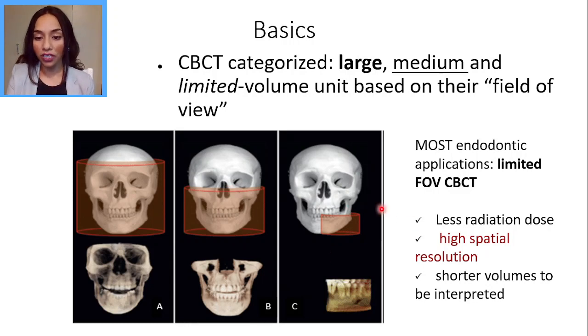And like I said, what we're interested in is the limited field of view, which focuses in on a specific area. That provides different advantages, one of which is that it provides less radiation dose to the patient. Secondly, it provides a higher spatial resolution. Because we're targeting a smaller area, the resolution is higher in the imaging. And thirdly, it provides shorter volumes to be interpreted.